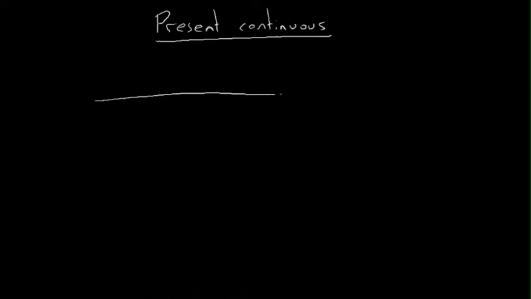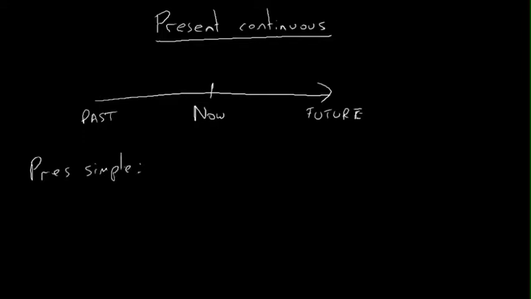So we had our timeline with the point now, and we said this is normally how we conceive time, as a linear system. So we have the past and the future. So we said last time that when we talk about the present simple, we're talking about something where time is not necessary.